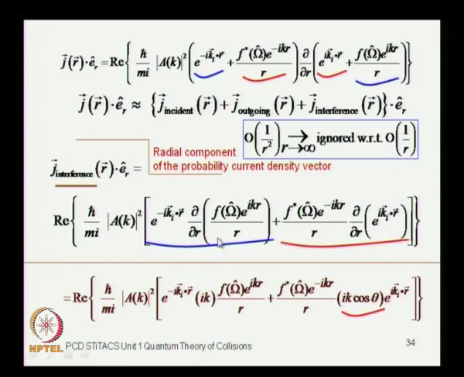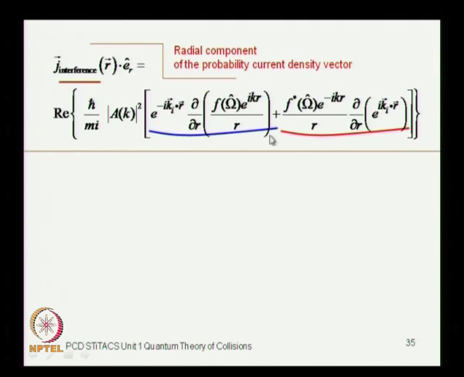So, you get i k, then you get f e to the i k r by r, and from the second term you get f star e to the minus i k r by r, which is coming from here, and then you need a derivative with respect to r of e to the i k r cos theta, okay, theta being the angle between incident wave and the radial direction. So, that is what will give you i k cosine theta, because the derivative is with respect to r. Okay. What we have done is to ignore 1 over r square.